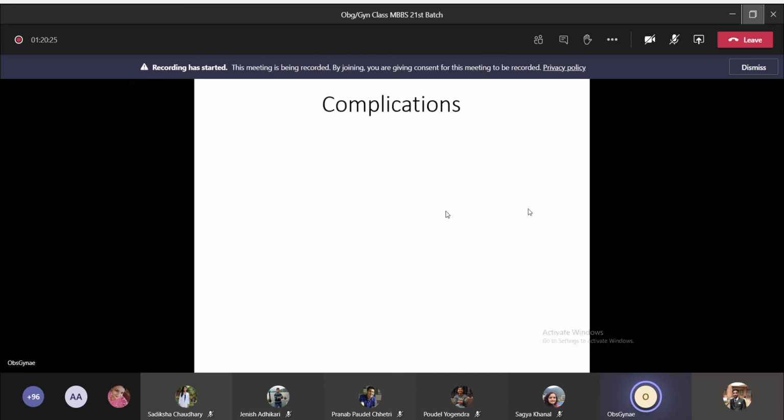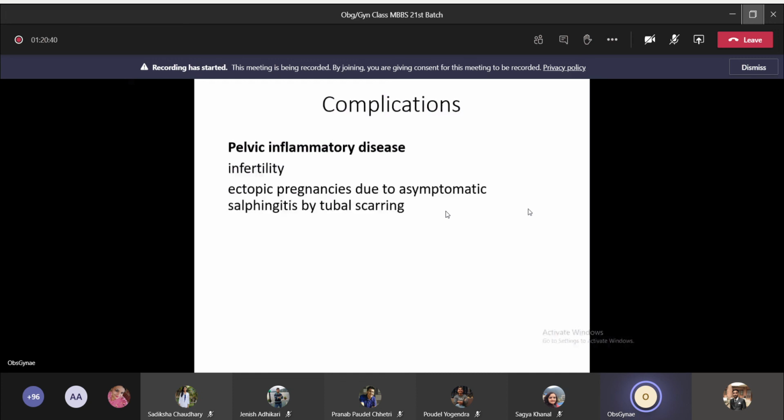So what are the complications of chlamydial infection in the genital tract? Number one, as you know, is pelvic inflammatory disease, which may lead to infertility. Because of the tubal infection, there is more chance of infertility, and there will be ectopic pregnancy due to asymptomatic salpingitis by tubal scarring.